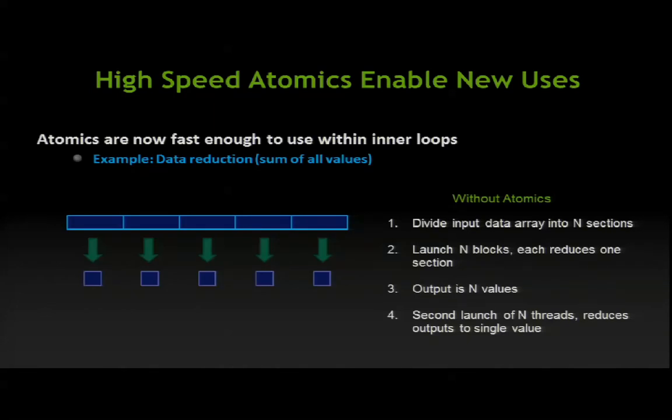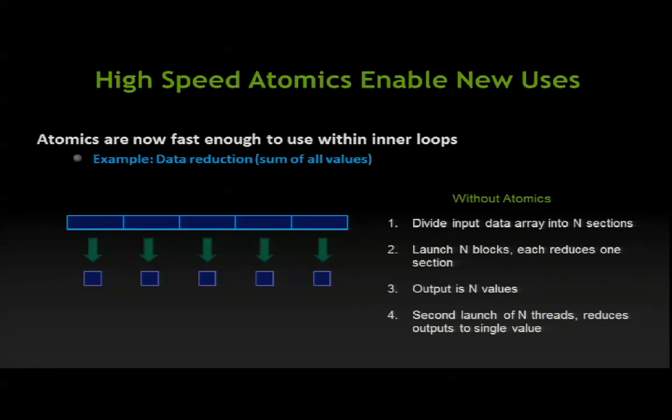If you had an array and you wanted to compute the sum of all the elements in this array, what you would do in previous generations is you would take your long array, break it up into chunks, and each one of these sections would be processed by one of the streaming multiprocessors. Given that there is no way of communicating between the streaming multiprocessors, each one would write its own partial sum out to global memory.